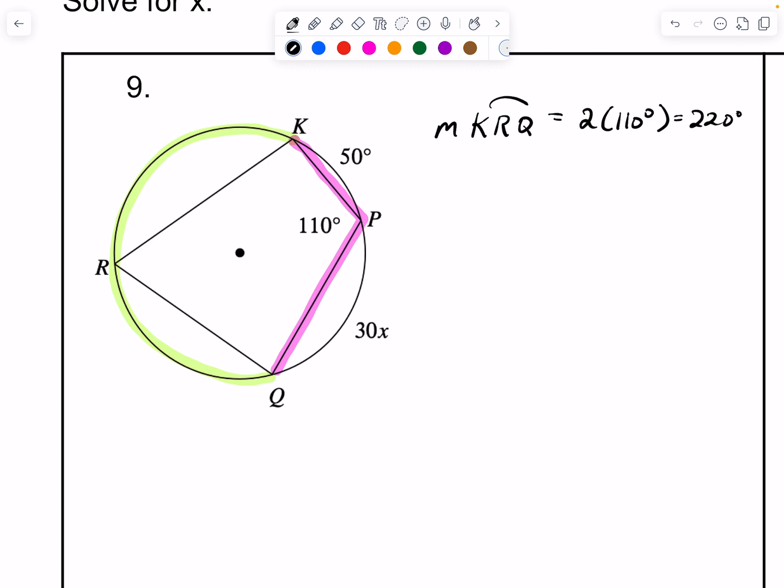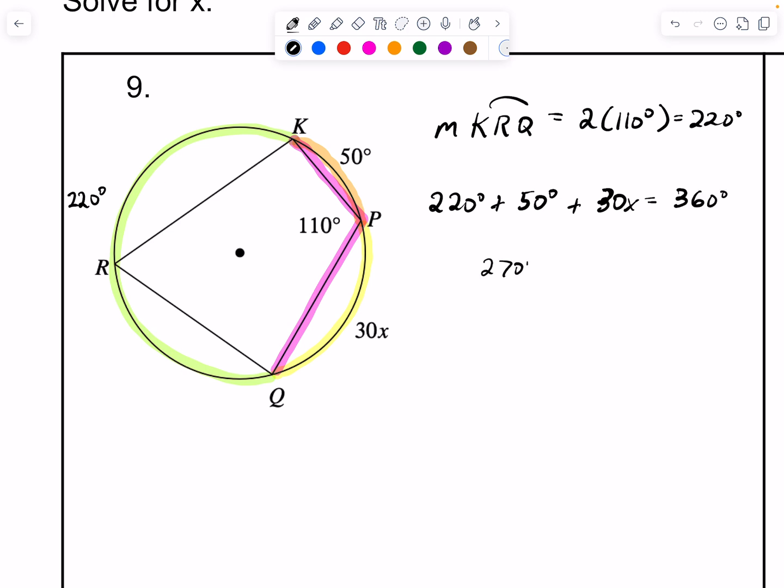Now we already know there's a smaller arc here, a minor arc KP, which is 50 degrees, and there's one more part of this circle, which is 30x. So that's all the way around, which is 360 degrees. So if I do the 220, which is KRQ all the way around here, then I add 50, that small piece arc KP, plus my last minor arc PQ of 30x, that should all equal 360 degrees.